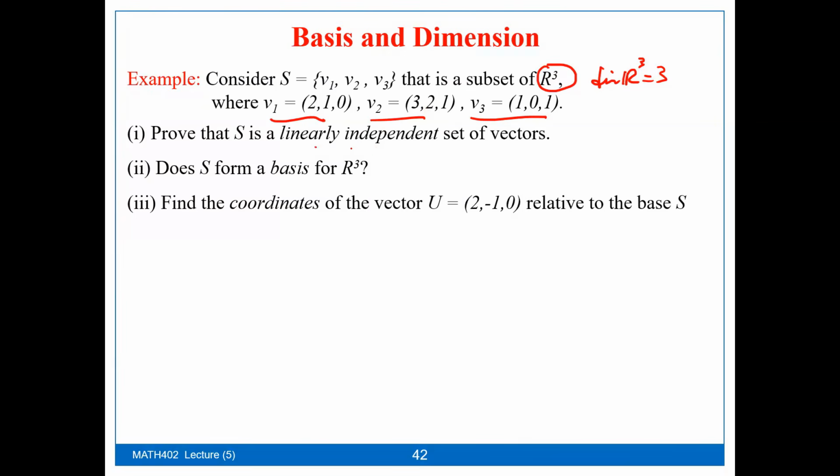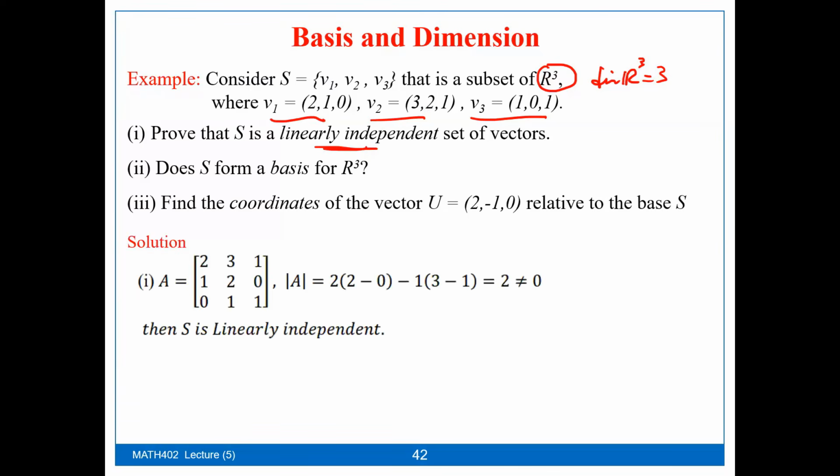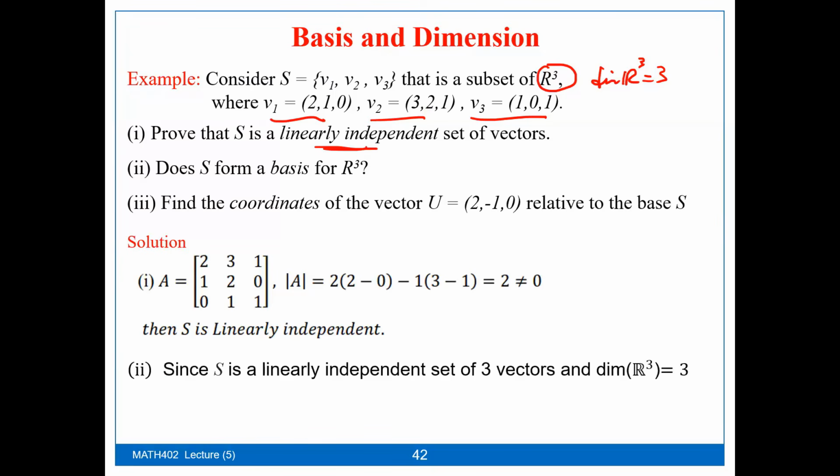So here it says prove they are linearly independent. If they are linearly independent, then it's the base. You can calculate the determinant or you can solve the homogeneous system. So since they are three linearly independent vectors and the dimension is 3, it's a base.